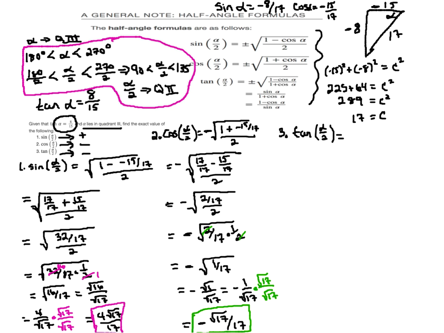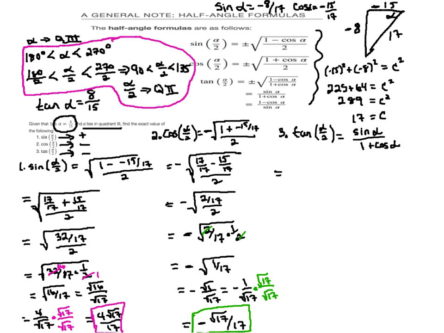Okay, cool. Okay, so tangent of alpha over 2 is equal to, okay, so I chose a different route than the book went with this. I chose a more simple version. I didn't want to deal with the square roots and all that stuff. So I chose the sine of alpha over 1 plus the cosine of alpha.